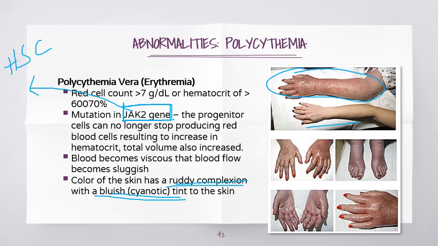Question, is it a malignant process? Actually, no, it's not a malignant process, but patients usually will be required to do phlebotomy, sometimes every month, sometimes every 3 months, depending on their hematocrit count. Okay?